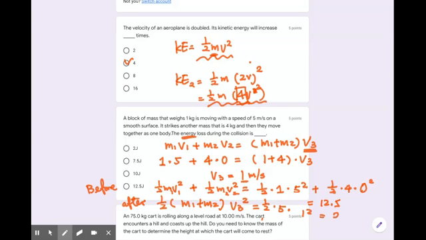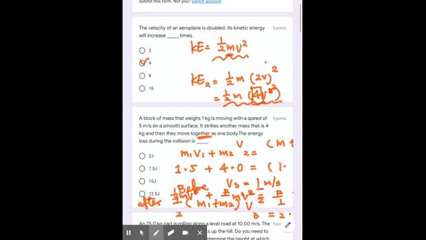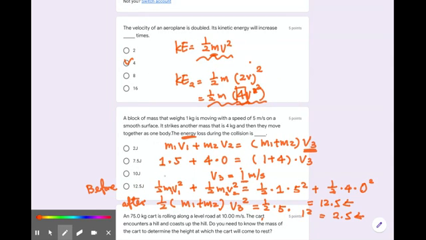It gives you 2.5. Initial minus new kinetic energy, that means the difference is what they have lost. All right, so the difference is 10. Your answer is 10. All right, next.